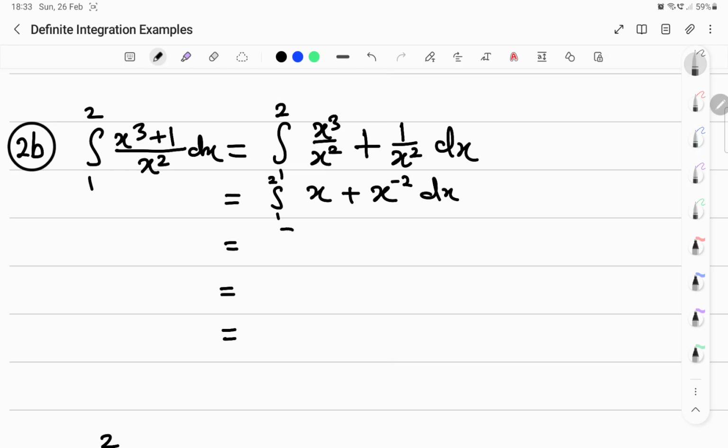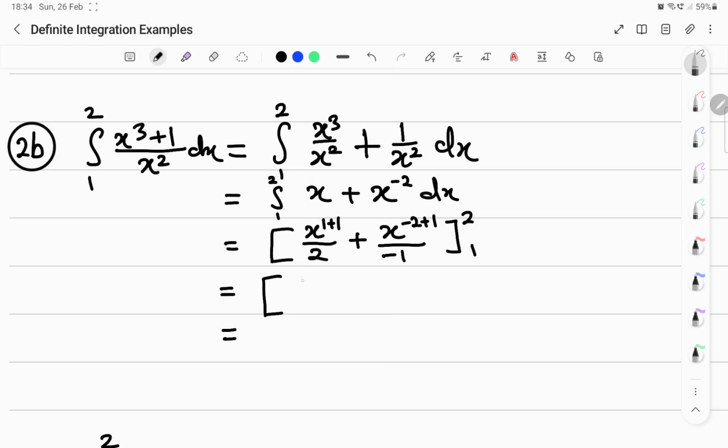Now we integrate them and put them in the box like this. So the first term is x, so x power 1 plus 1 over the total 2. And then plus, the next one is x power minus 2 plus 1, divided by the total of minus 2 plus 1, which is minus 1. Then copy the limit. Maybe we can simplify this first before we substitute.